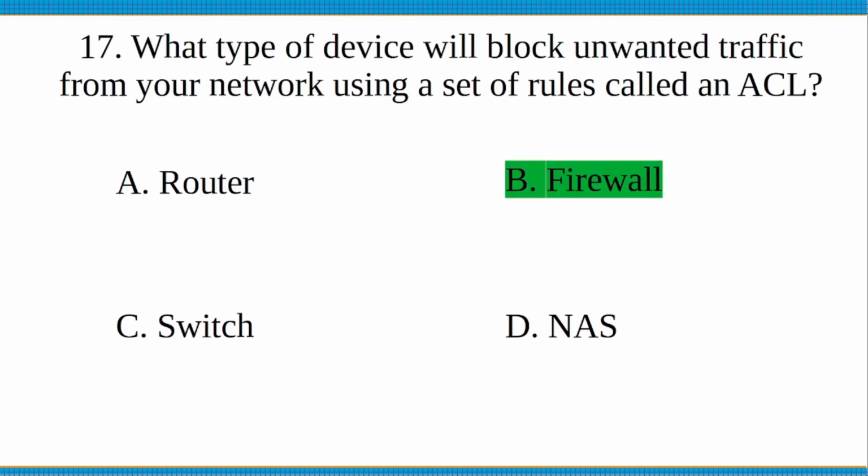The answer is a firewall. The job of a firewall is to block unwanted network traffic. Firewalls do this by using a list of rules called an access control list, ACL. Routers connect networks to each other, and switches are central connectivity points for networks. A network attached storage, NAS, device is like a dedicated file server.